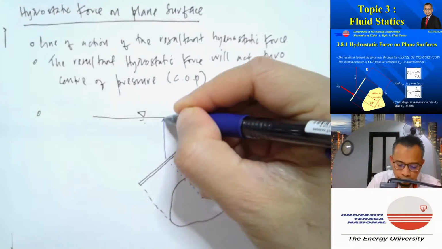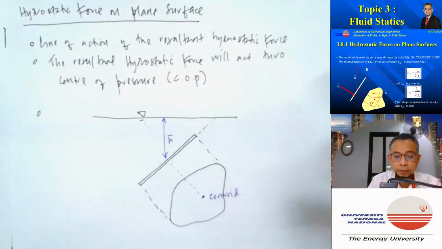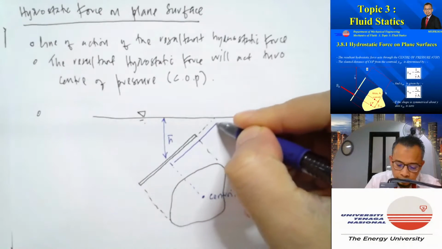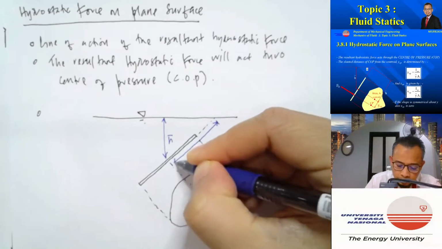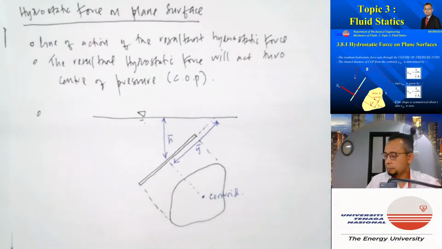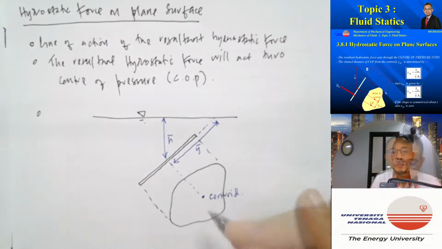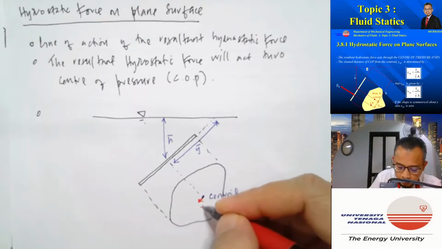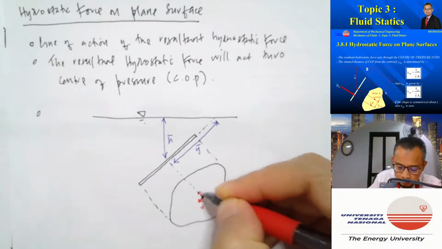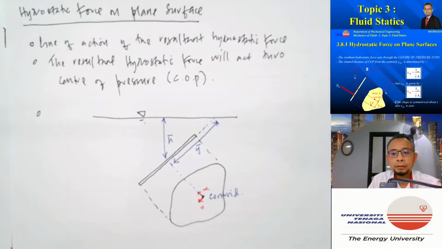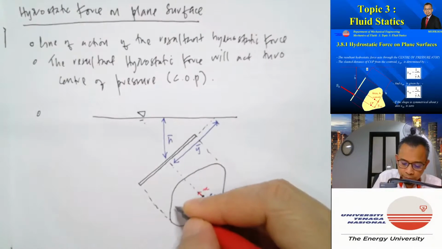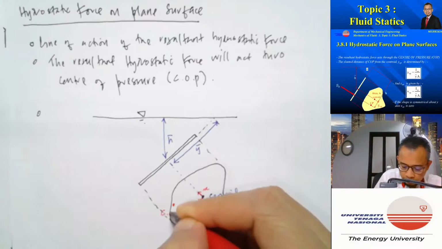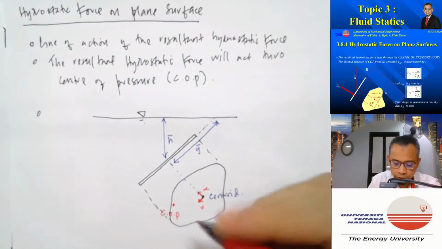So this is H bar, and this is Y bar. This is the Y direction, and this is the X direction. And let's say the COP is here. COP for the center of pressure.